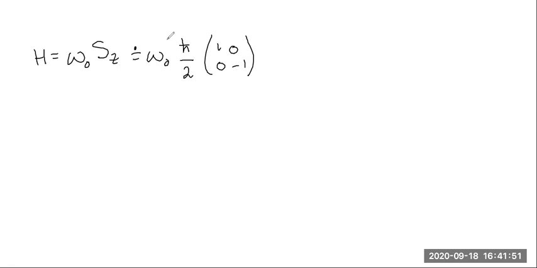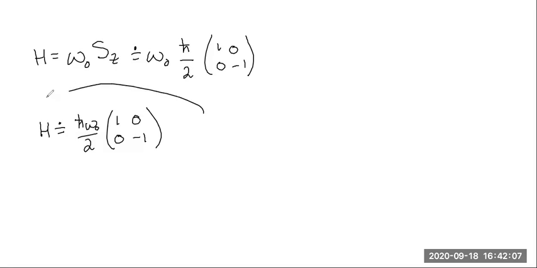Which means my Hamiltonian in this particular case is represented by h bar omega naught over 2 times the matrix 1, 0, 0, minus 1. So that's for this particular setup. We've already solved this problem. We spent a lot of time on this problem solving it.